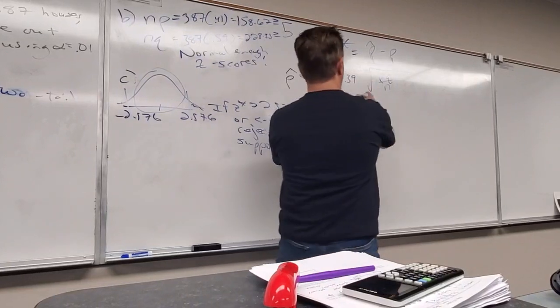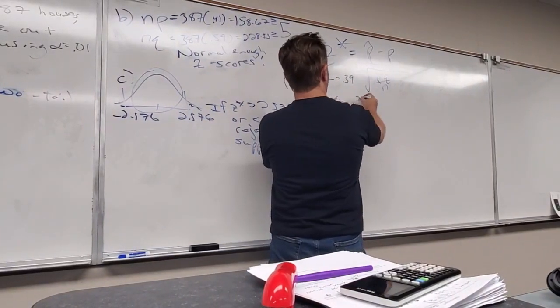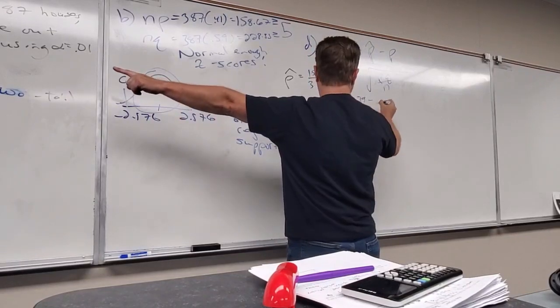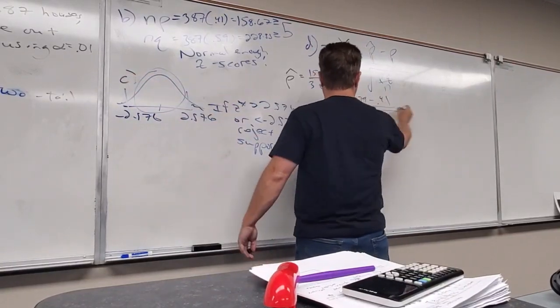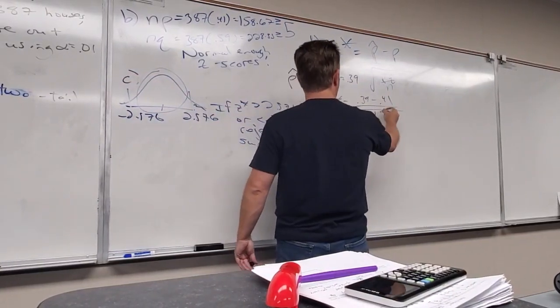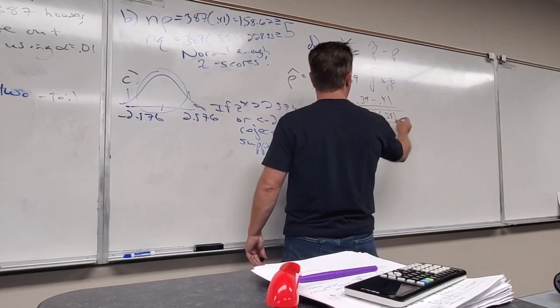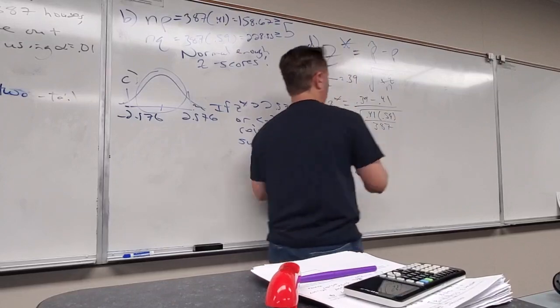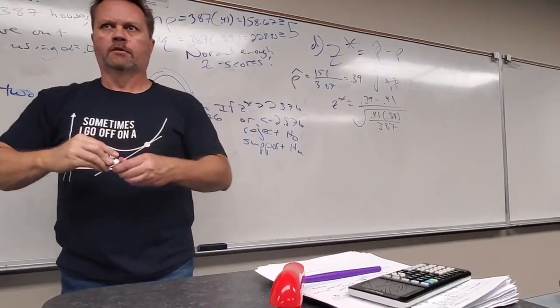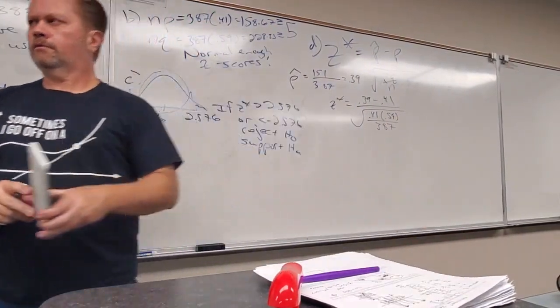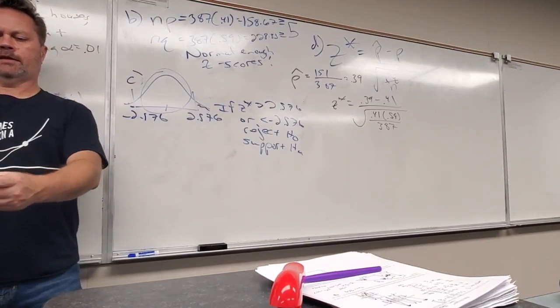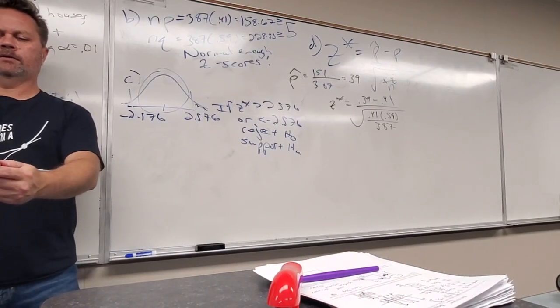So we get z star is 0.39 minus 0.41, that's the supposed middle, divided by the square root of 0.41 times 0.59 divided by 387. Is that what you guys did? Sure is, Jeff.